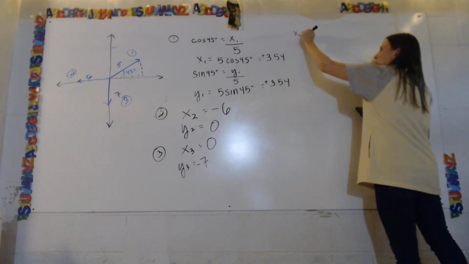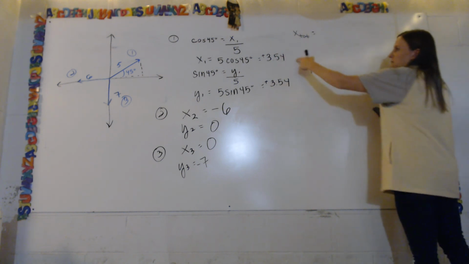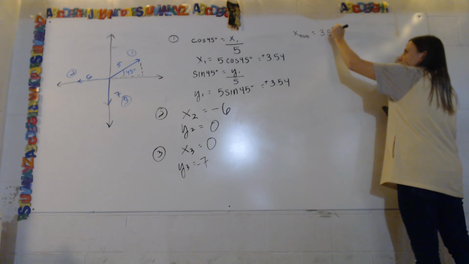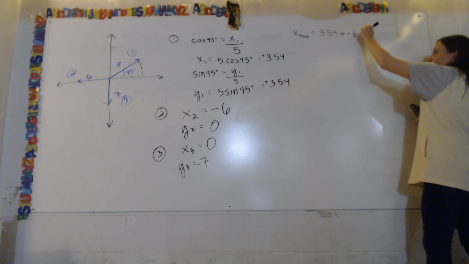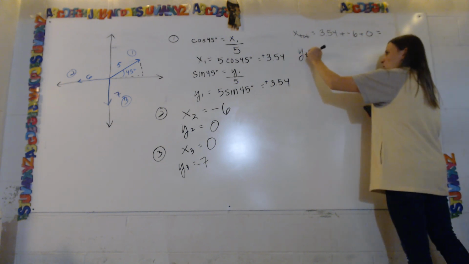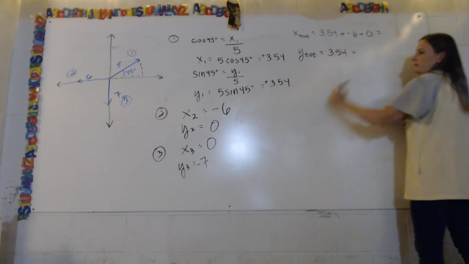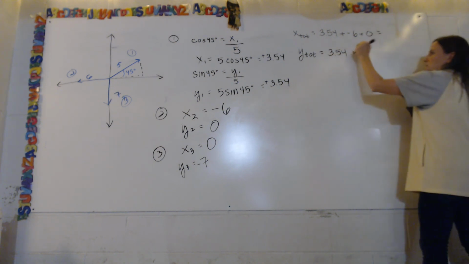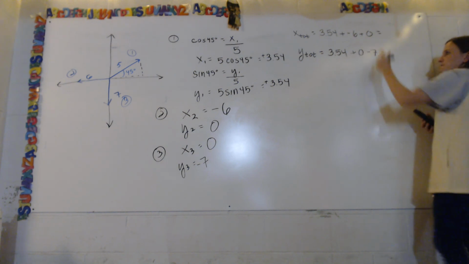So my x total, this is where it's just slightly different. I'm just adding 3 things to get my x total. So 3.54 plus negative 6 plus 0, actually there's no piece to that third one. And my y total is equal to 3.54 plus 0 for the second one, plus negative 7 for the third one.